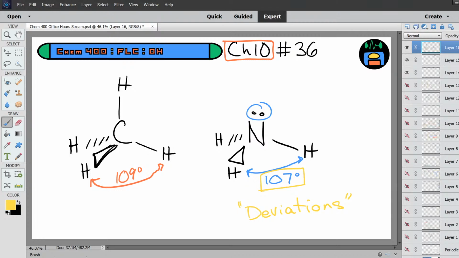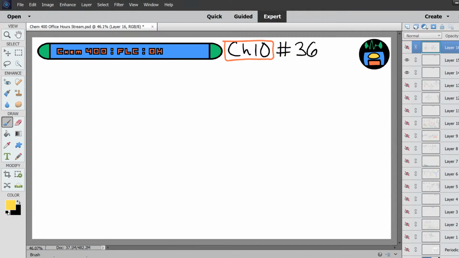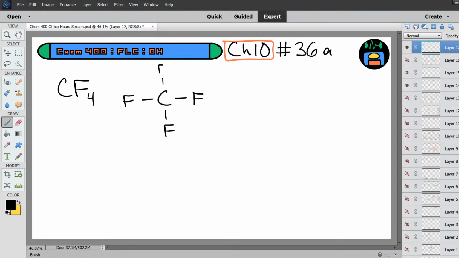Totally. Kate, you are so totally welcome. So when we look at these problems, for example, 36A is CF4. All right, when you look at the Lewis structure here for CF4, it looked like this.